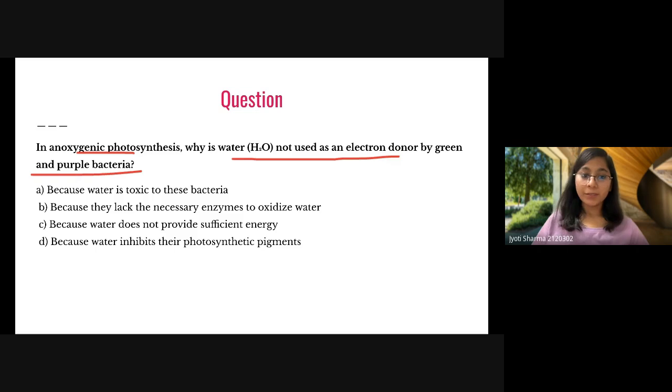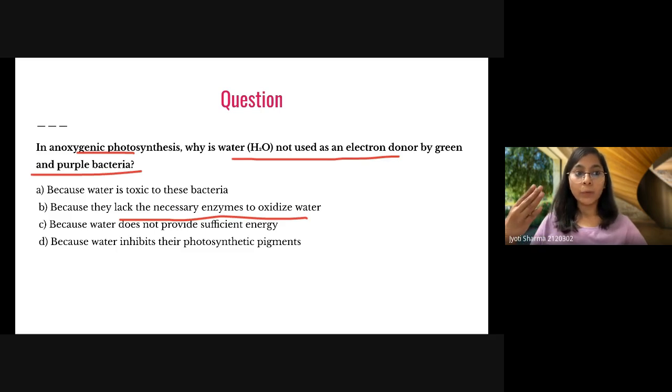Because they lack the necessary enzyme to oxidize water. As I told you, every reaction that happens in plants, in humans, is dependent on a particular type of enzyme. That enzyme will catalyze that reaction, and if we do not have that enzyme, then that reaction cannot happen spontaneously in nature.